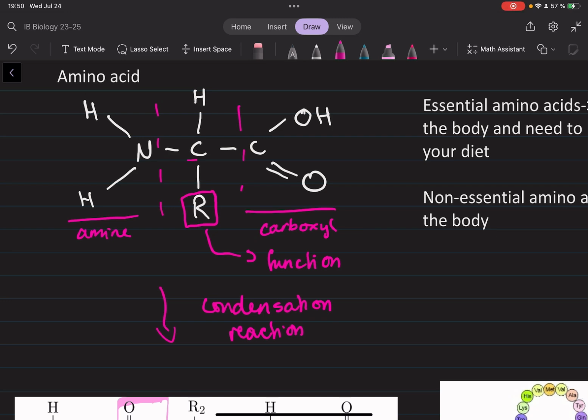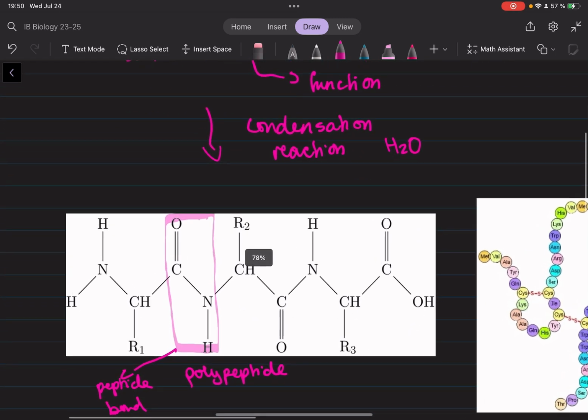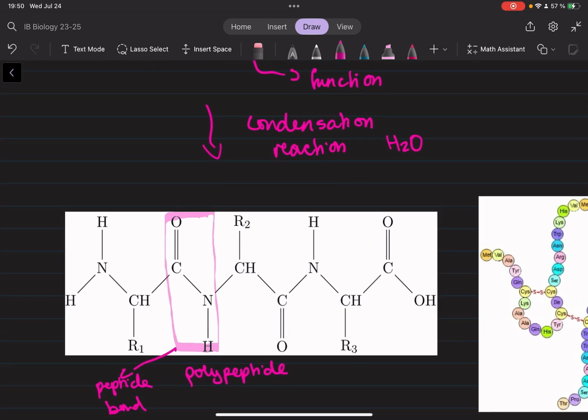The hydroxyl group, or the OH, is removed from this part, and one of the hydrogens is also removed from this group, and they break off and produce water, or H2O, because it is a condensation reaction. And then this carbon bonds with this nitrogen, which is how you get that bond right there.